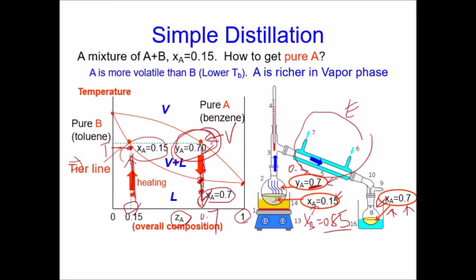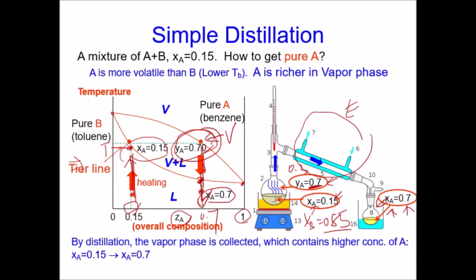This setup shows that by distillation, the vapor phase collected contains a higher concentration of A. We start with a solution with more B, XA equals 0.15 and B 0.85, and we end up with a solution with mole fraction of A 0.7.